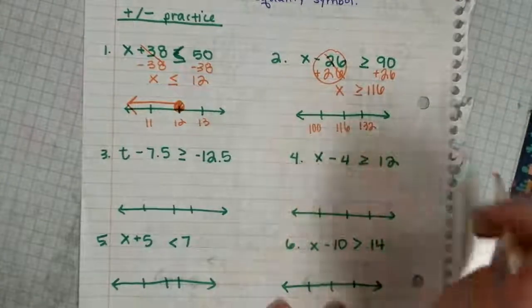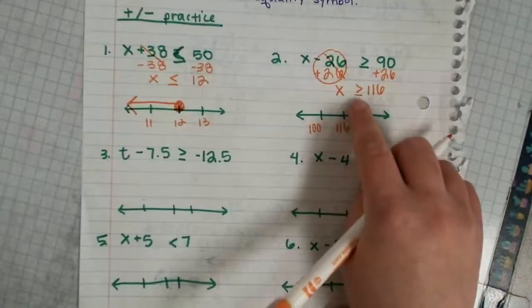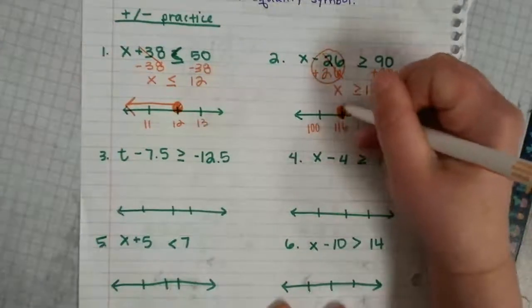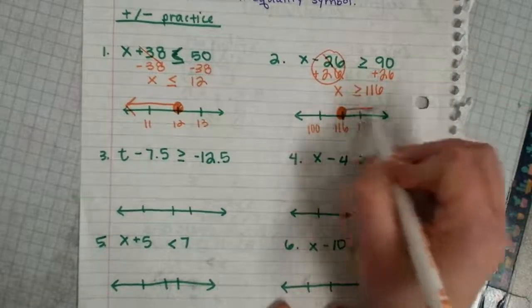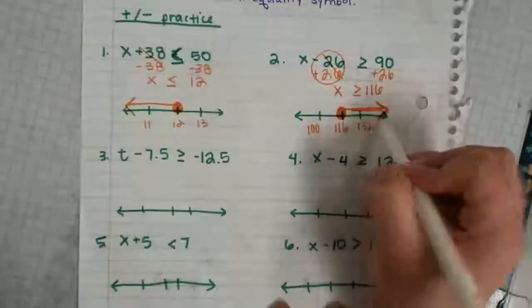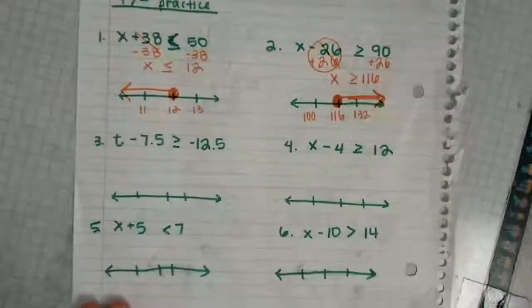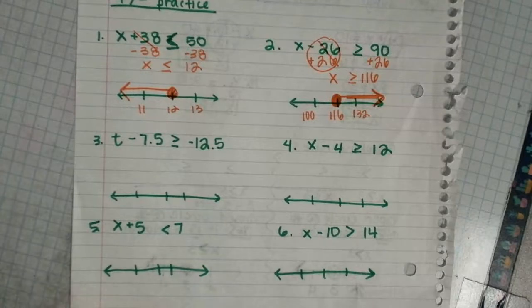I don't care what numbers you put on here. This says I'm also including 116 as an answer because x could be 116, and then it's greater than. It goes this way. You can pause the video, solve the other problems, and then unpause to see the solutions.